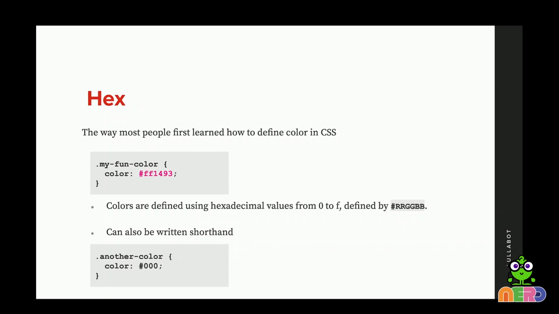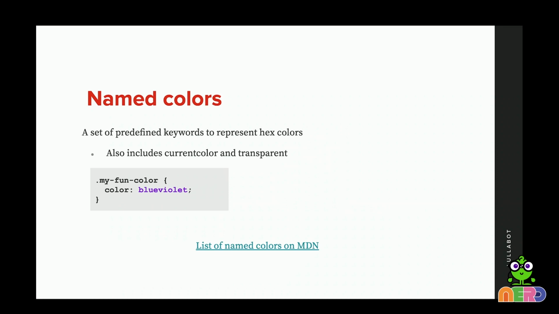So that's hex. And this one has to do with hex in a way: named colors. These are predefined colors to represent the hex colors. So instead of having to write out the RRGGBB, you can just write blue-violet. And that will correspond to the hex value of whatever blue-violet is, only you don't have to write the hexadecimal stuff. You can just write blue-violet.